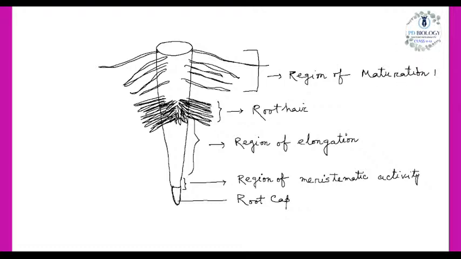So this one, number 1, 2, 3, 4 and 5. So remember this one. If these are given to you according to their region from upper part to the lower part, then you have to remember which one comes first and which one in the middle and which one in the last.